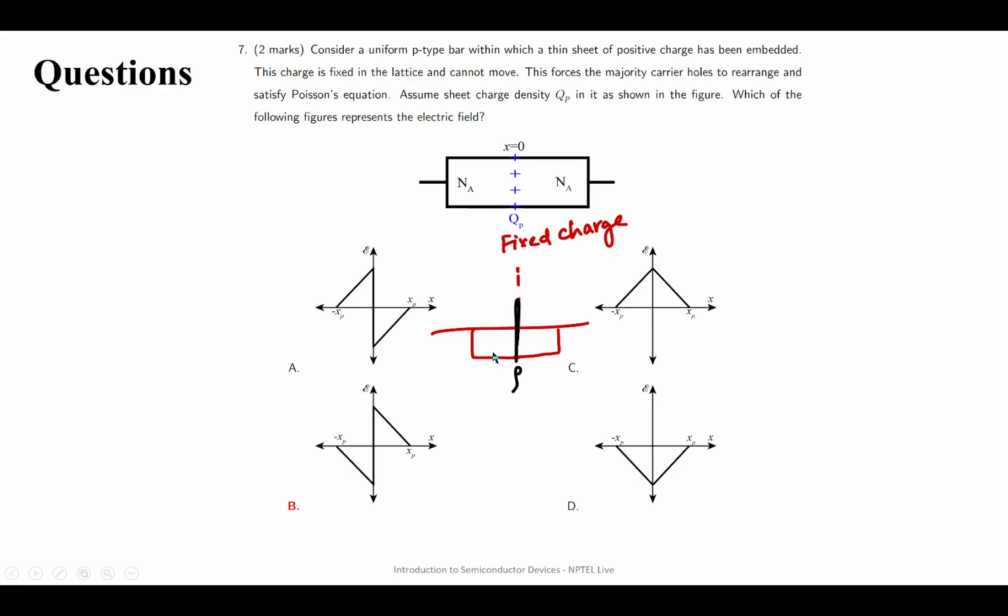So this is how your charge profile will look. From minus xp till 0, you have a negatively charged depletion region. From 0 to xp, you have a negatively charged depletion region, and in the middle you have a delta function of positive charge, which is a positive Qp.